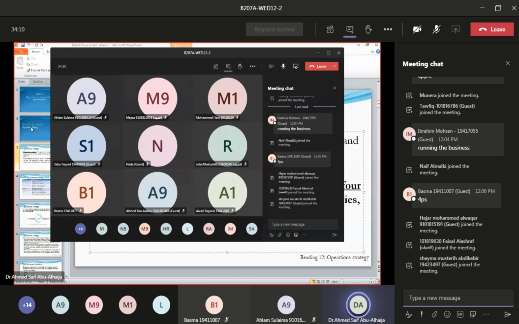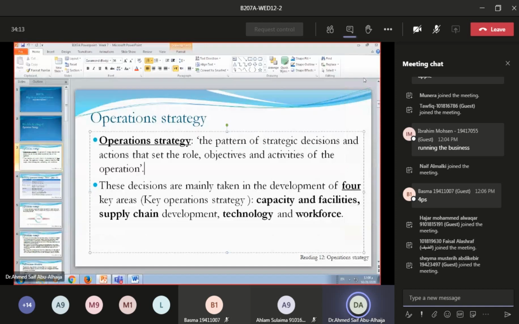And as I told you, once you hear the word operation or operation strategy, you need to remember that operation is a process a company needs to conduct in order to deliver the goods and services to customers, by managing the company's resources effectively and efficiently.